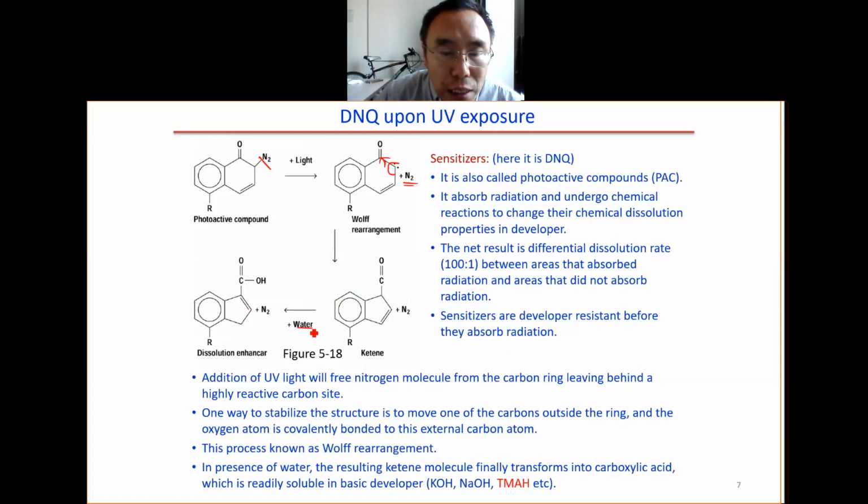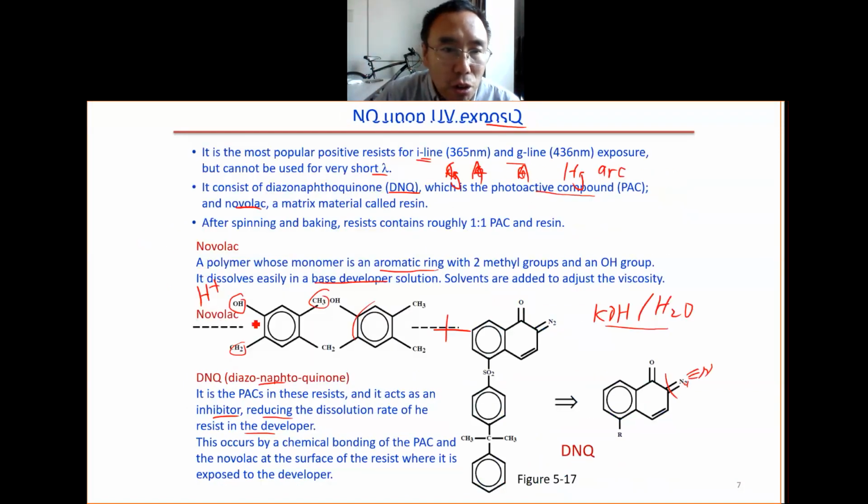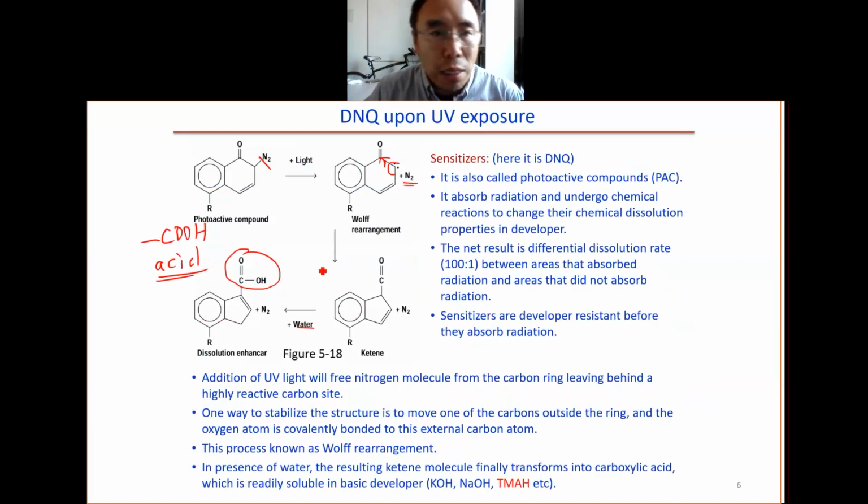With the presence of water, it becomes COOH, which we know is an acid. Obviously, acid is soluble in the base developer. As a result, it is insoluble before the exposure, and it becomes soluble after the exposure.